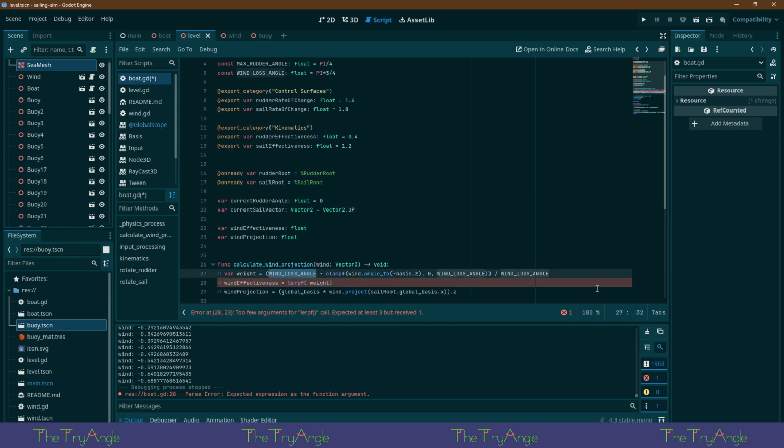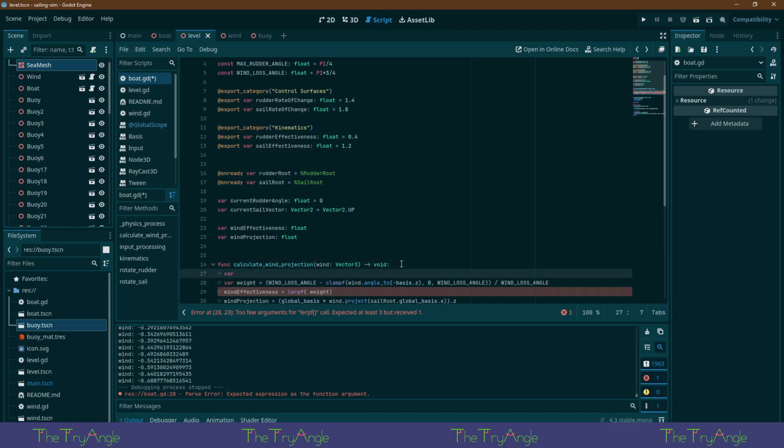Actually, no. Clamped angle. Am I spelling clamped correctly?